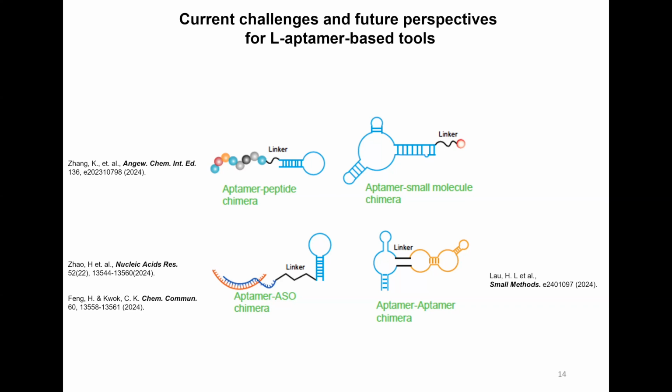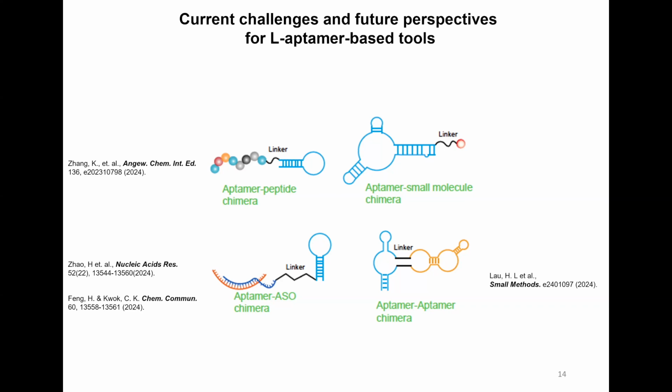One thing we do, I don't have time to go through the detail: we have the L-aptamer conjugate with peptide, and the peptide we choose is a cell-penetrating peptide to enhance the delivery without using lipo. And that's the study that we do in there, and we found the L-aptamer conjugate with the CTP cell-penetrating peptide can go inside the cell and do the target, the gene regulation sufficiently.